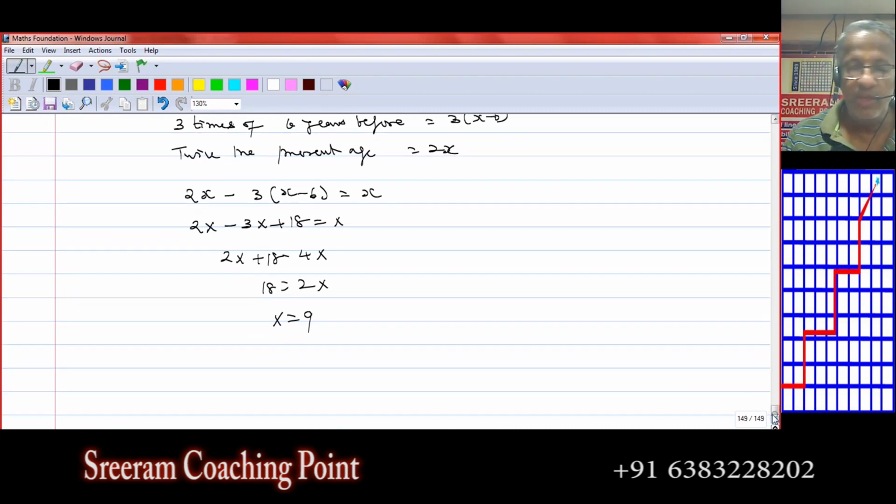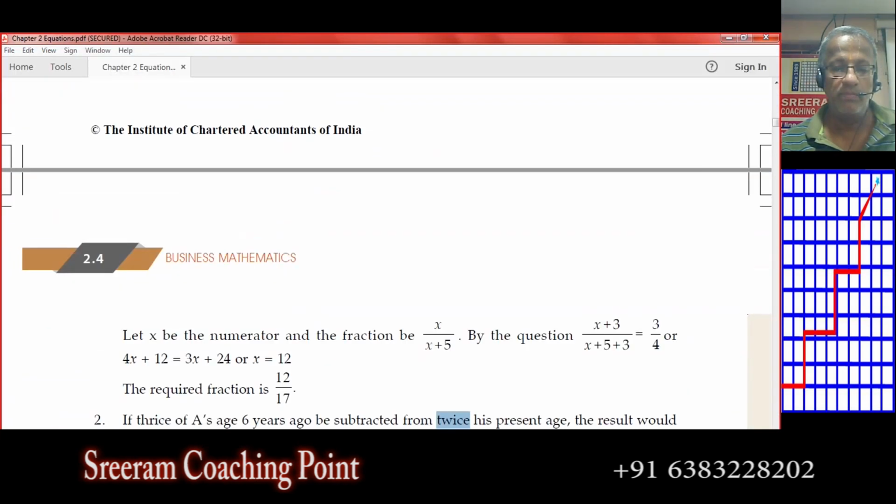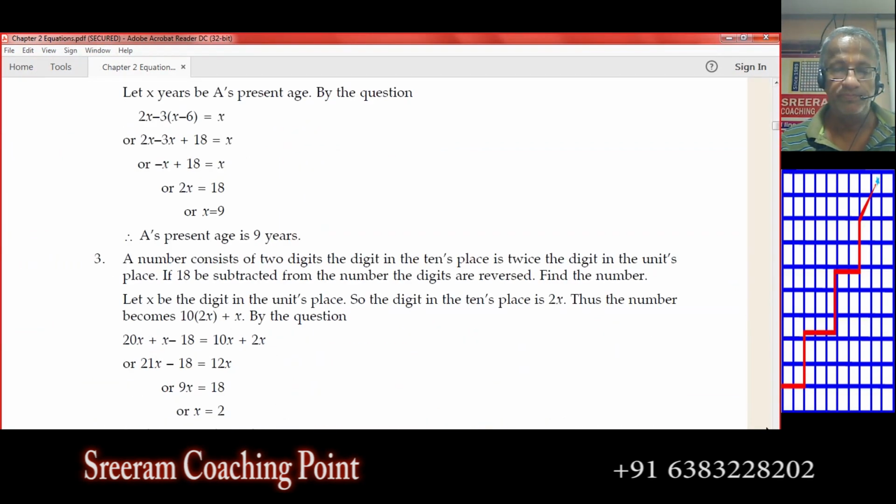Illustration number 3. A number consists of 2 digits. The digit in the 10th place is twice the digit in the units place. If 18 be subtracted from the number, the digits are reversed. Find the number.